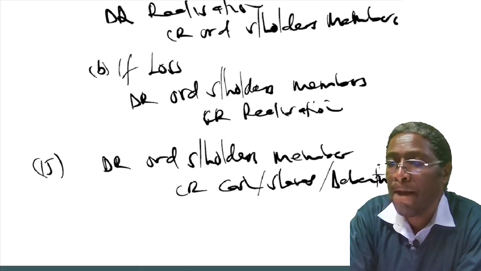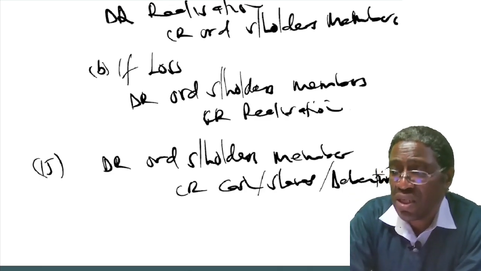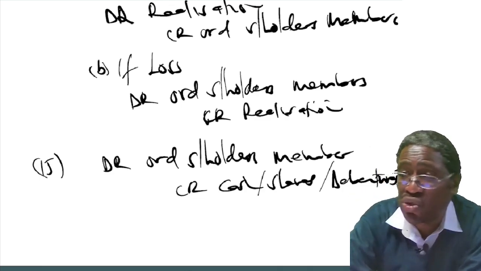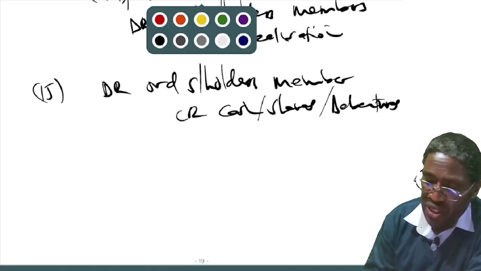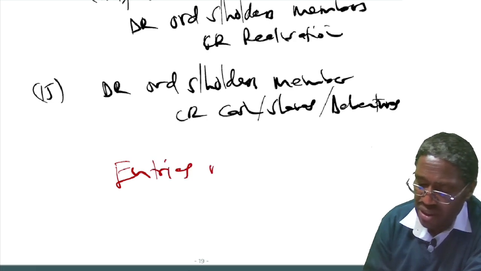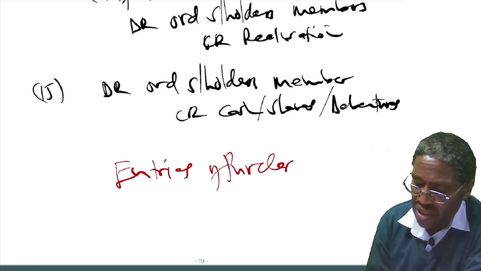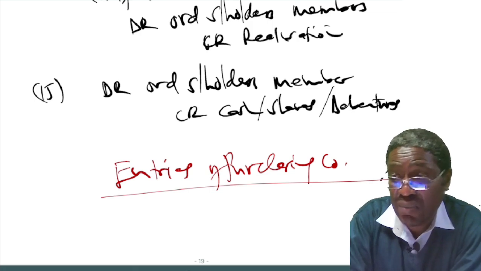Okay. So maybe for today we can stop there. Next time I do the books of the purchasing company. There are not many entries like in the books of the selling company.